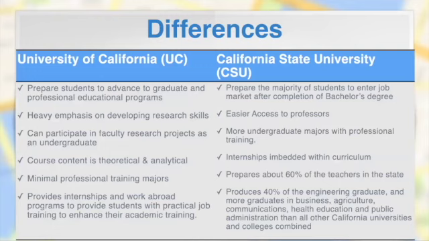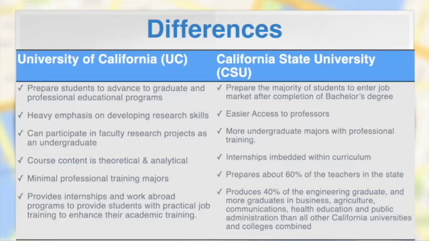Of course, many private schools offer that as well. Course content has a tendency to be theoretical and analytical. Minimal professional training majors are offered through the UCs, and they provide internships and work abroad programs to provide students with practical job training and enhance their academic training.